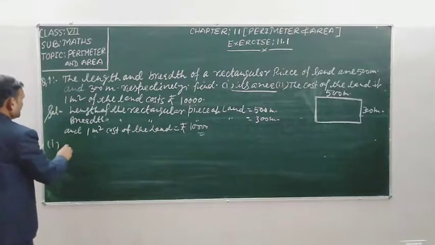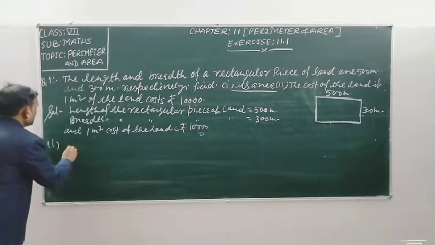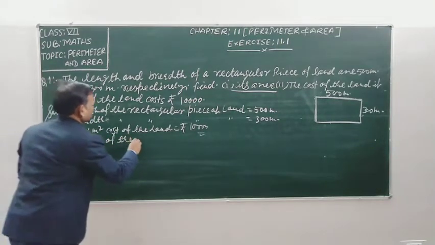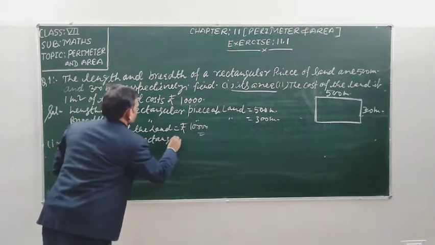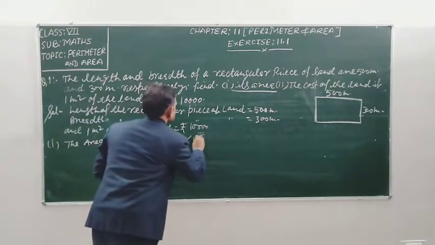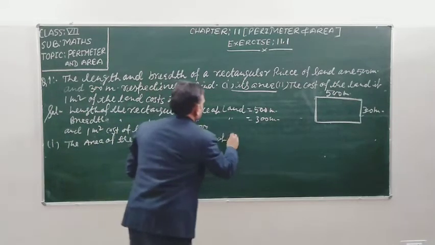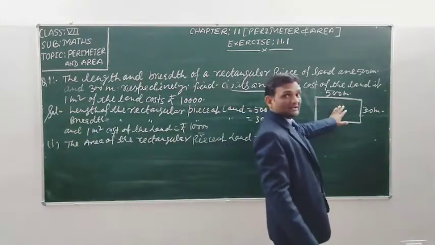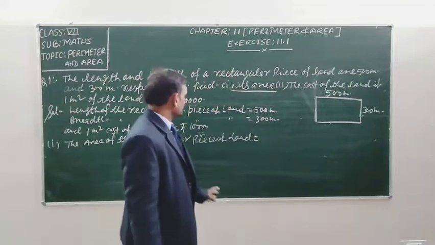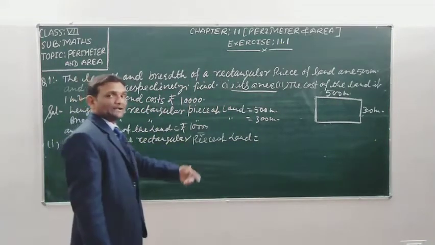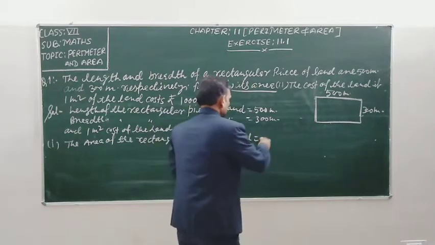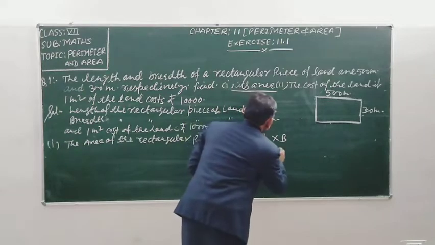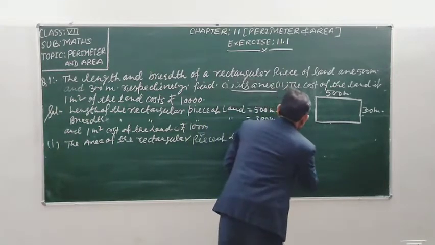Part 1: the area of the rectangular piece of land. My land is in the shape of a rectangle. Which formula do we use for finding the area of a rectangle? Length into breadth, student, L into B. L is given 500 meter into breadth 300 meter.